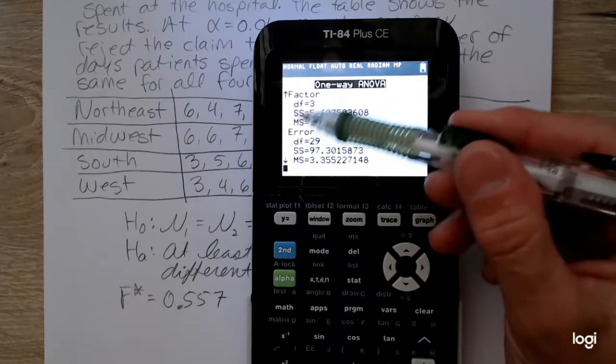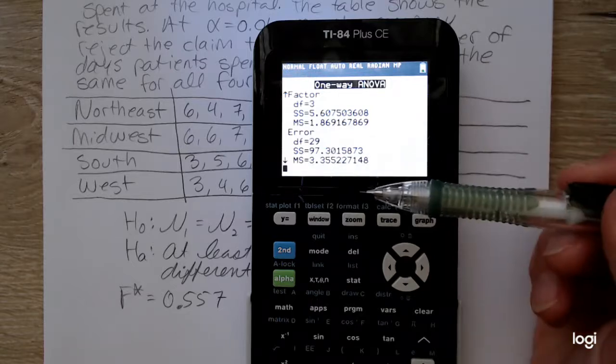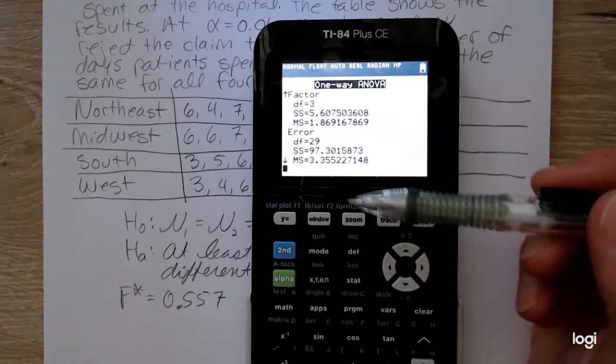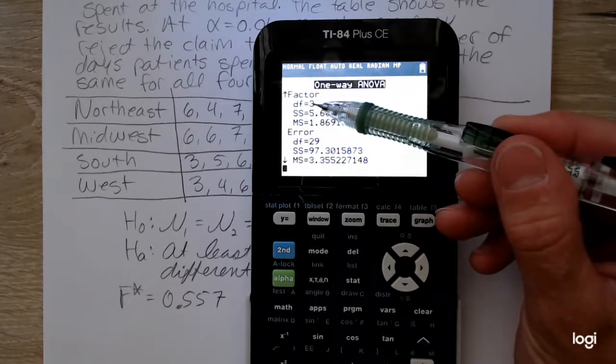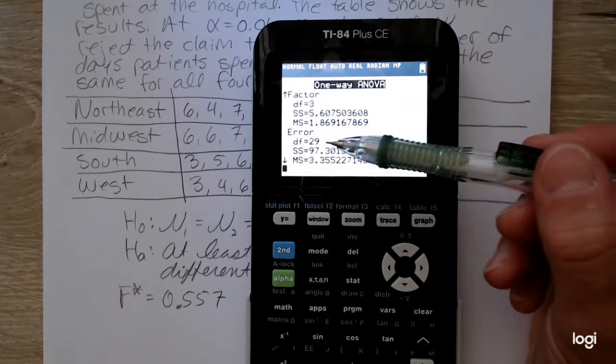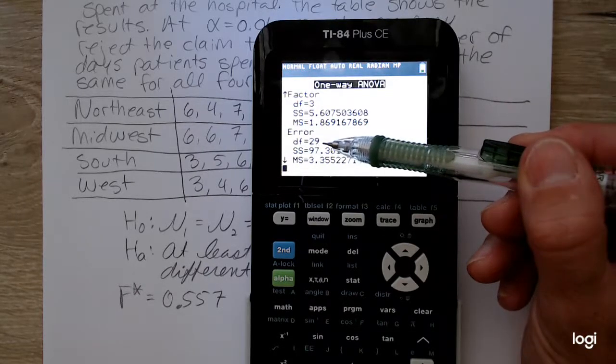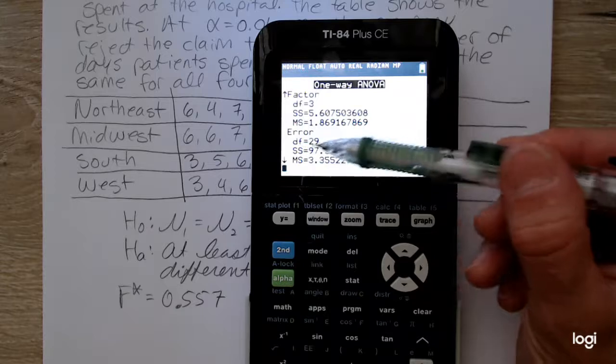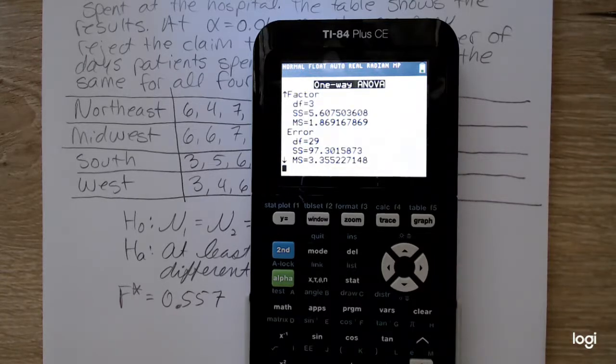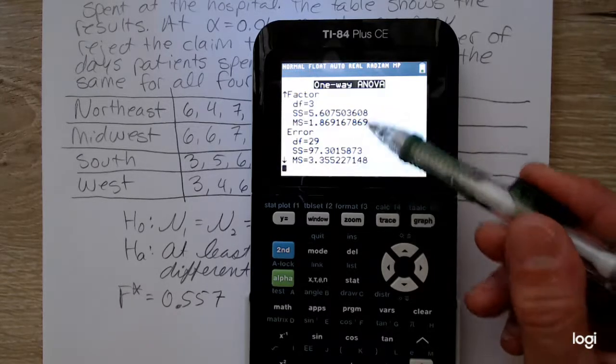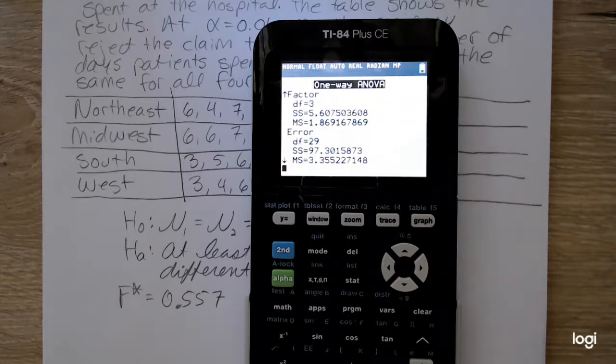So what we need out of this when we get the critical value is the numerator degrees of freedom, which is the factor or the treatment, and the denominator degrees of freedom, which will be 29 for this problem. Okay, so the rest of the pieces, if you need them for a homework problem, the calculator will give it.